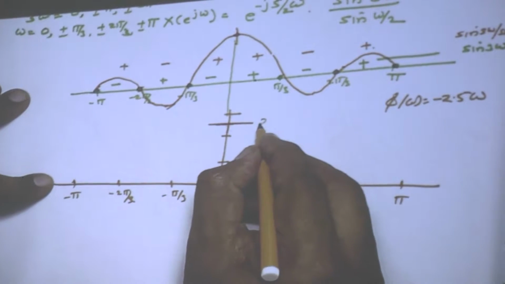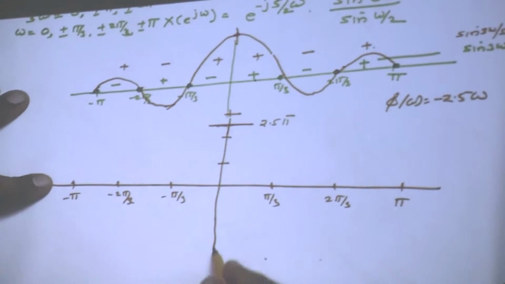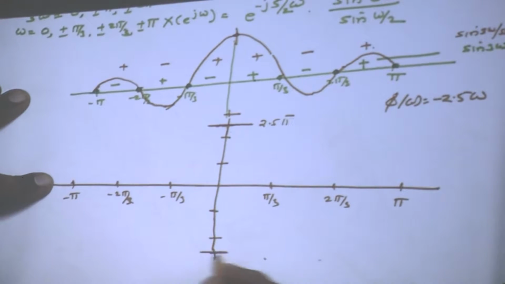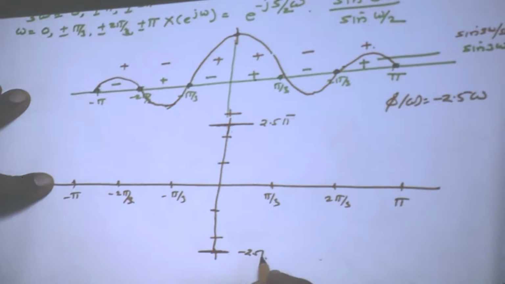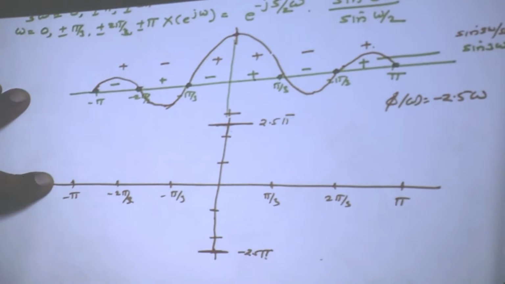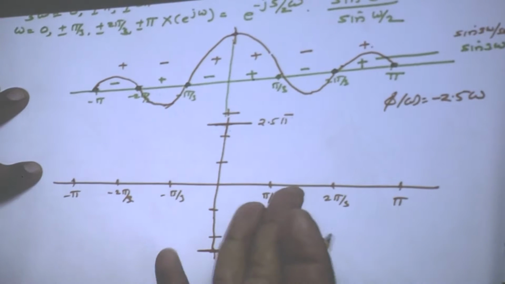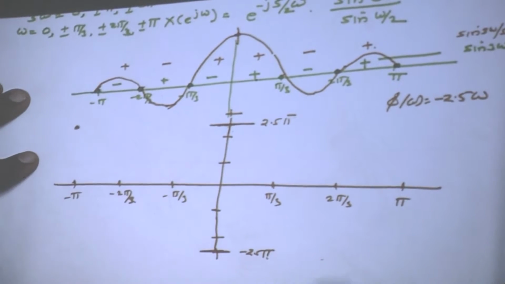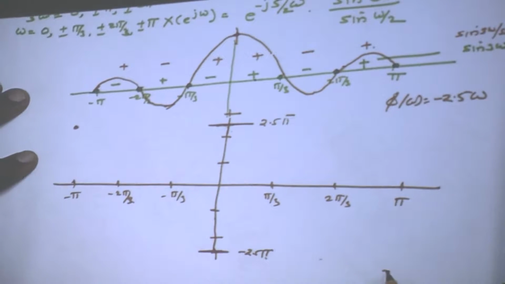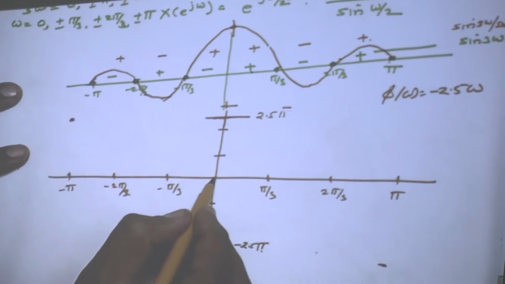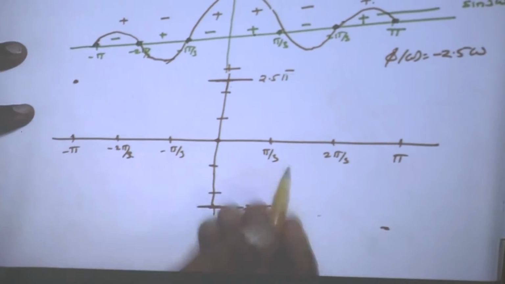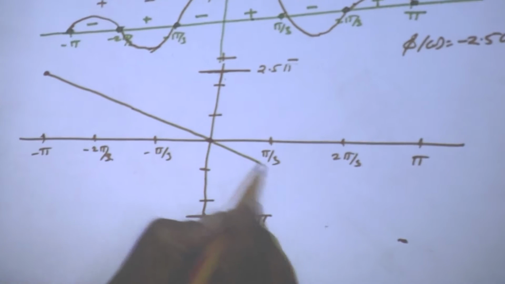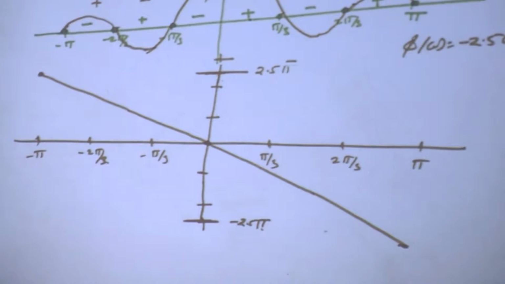Similarly on this side pi is here, 2 pi is here, and this is minus 2.5 pi. Maximum value of phase will be plus 2.5 pi on this side, minus 2.5 pi on this side, and it is a straight line joining 0, 0. When omega equal to 0, phase is also 0. So it is the straight line. This is the phase value.